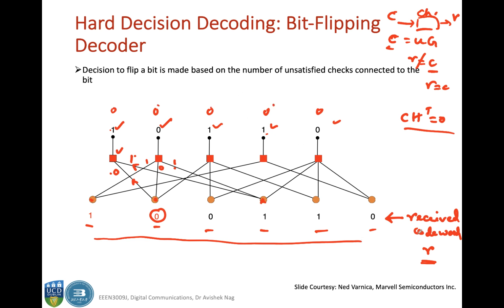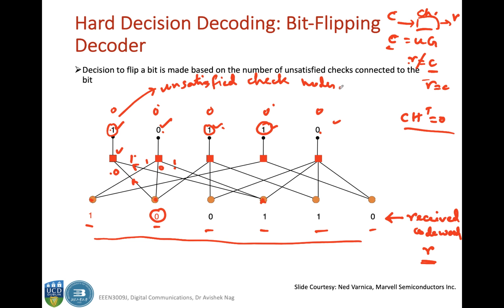But since there are errors, this is not a valid code word, so R is not equal to C. Because of those errors, you have 1 0 1 1 0. These ones are not supposed to be here, so these are called unsatisfied check nodes.